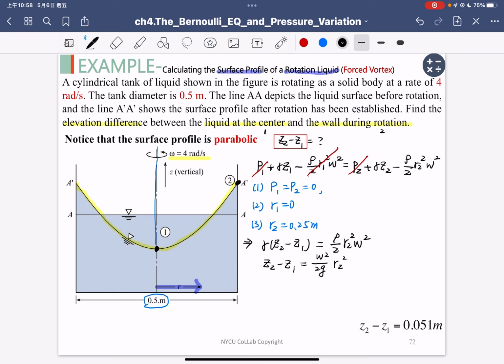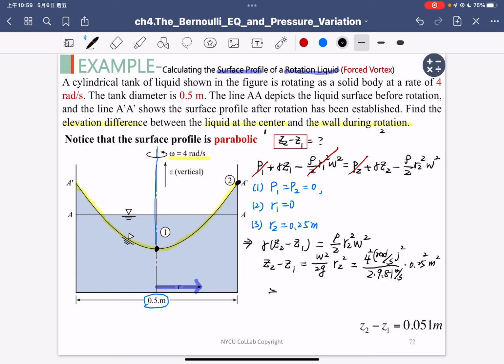So you can put the numbers into your equation. Omega is 4 radians per second, squared, divided by 2 times gravity, 9.81 meters per second squared, times R2, which is 0.25 meter, squared.